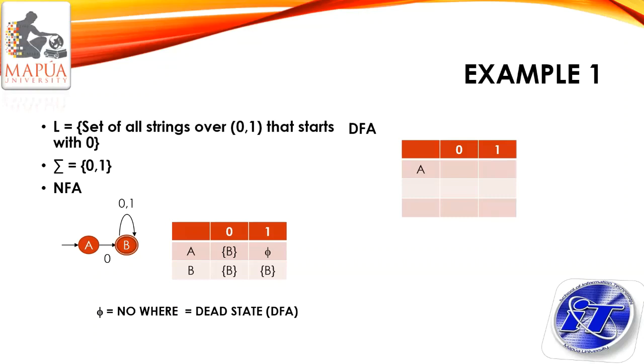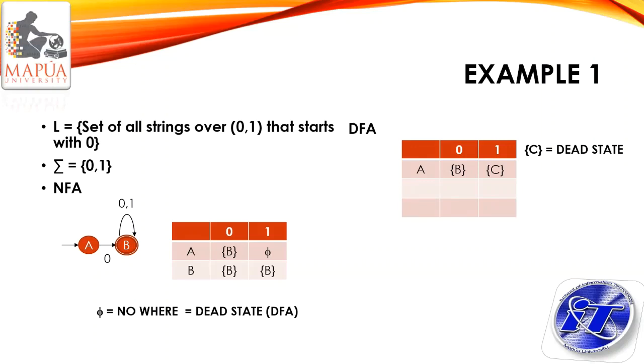So when A encounters 0, it will go to B. But in case we have 1, in the NFA there's no transition, but in the DFA, there should be. Since we lack a state to go to, we can introduce a new state. We call it C, and this will be the dead state. So when A encounters 1, it will go to C.